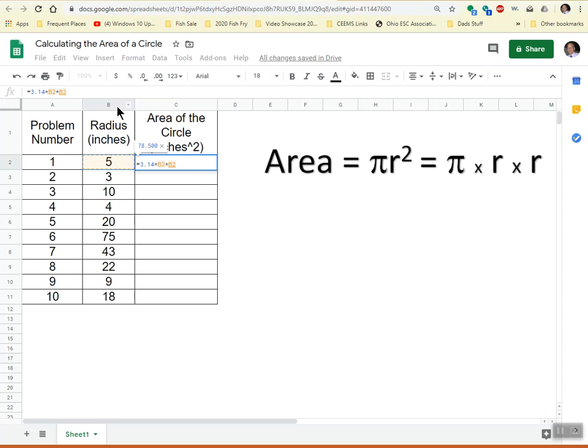B2 happens to be cell B2. If I hit the enter key, now I've got my 78.5, which I calculated in my previous example.